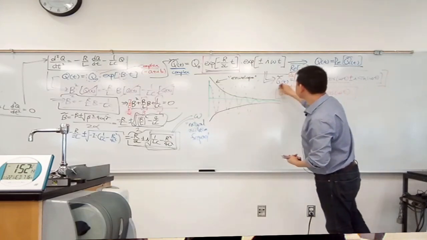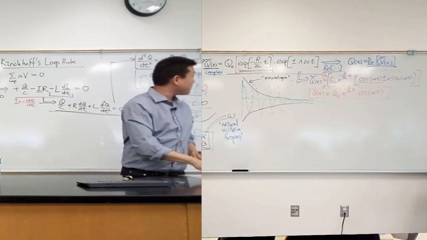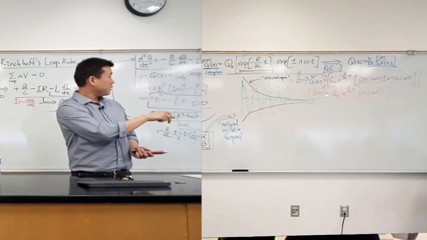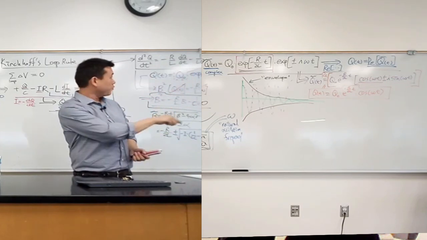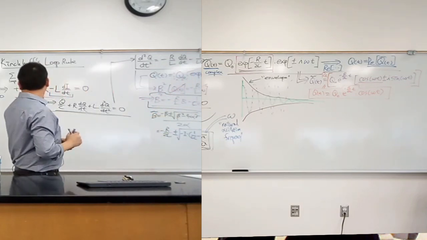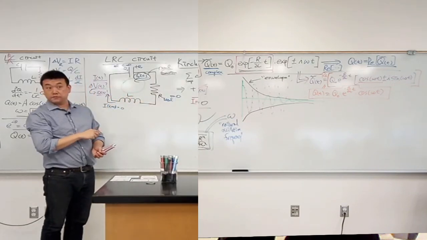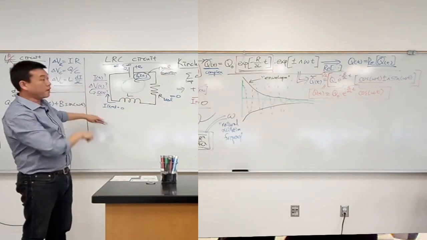And I keep saying this is what you would do naively, because you would do it, and this will actually be the correct answer. So you try to put this into the initial condition, where at time equals 0 you have some amount of charge, and at time equals 0 you have 0 current.